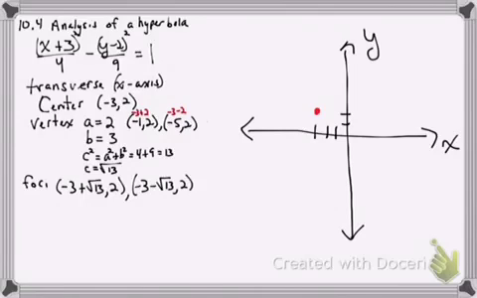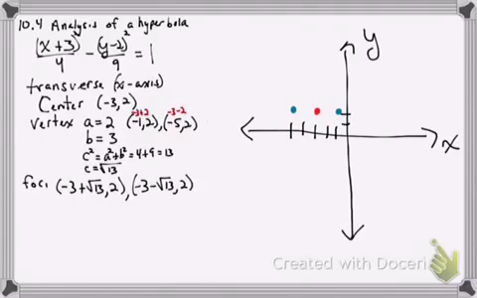We know our A is 2, so that means we move 2 to the left and 2 to the right along the x-axis to find our vertices. So 2 over that way, 2 over that way. There's our vertices.